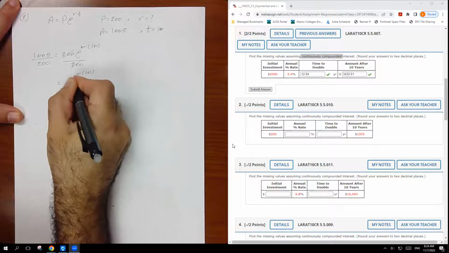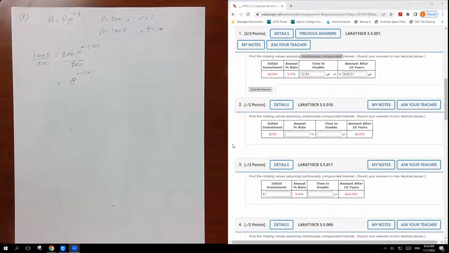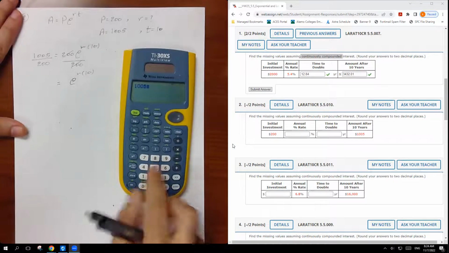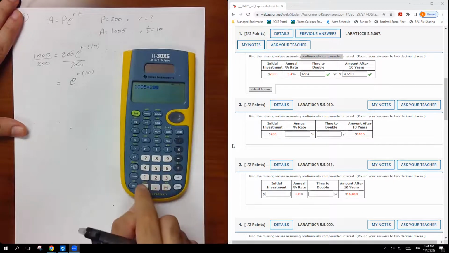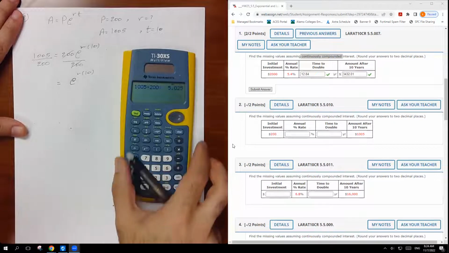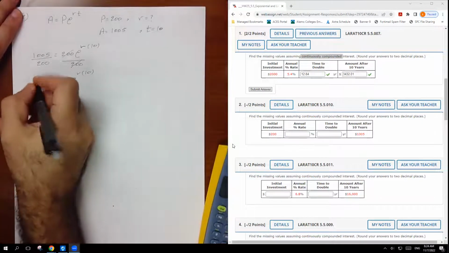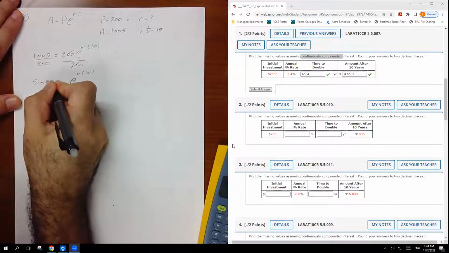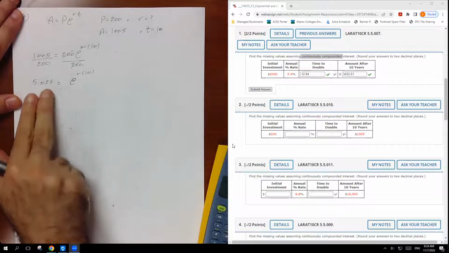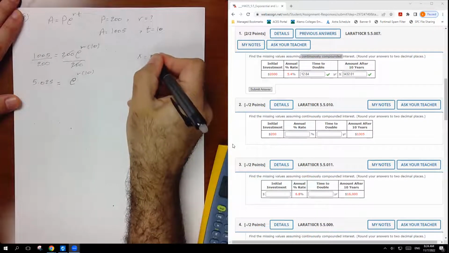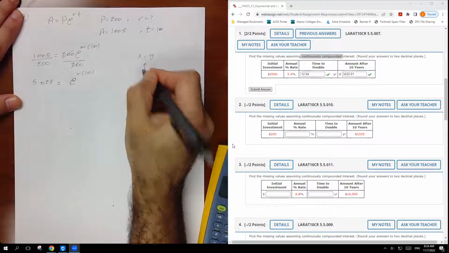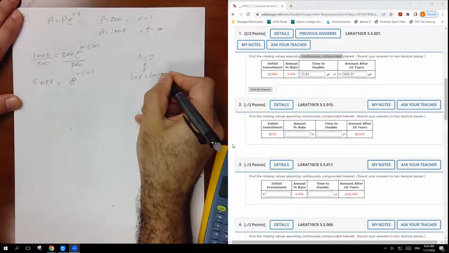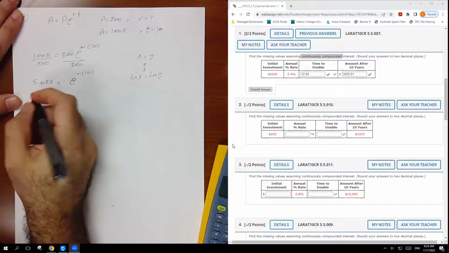On the other side, we have to divide. And be careful, do not round the numbers. Divide by 200. So it's going to be 5.025. So I'm going to type here 5.025. Now, next step, x equals y. By using the one-to-one property, that means ln x is going to be equal to ln y. So I'm going to take ln of both sides.